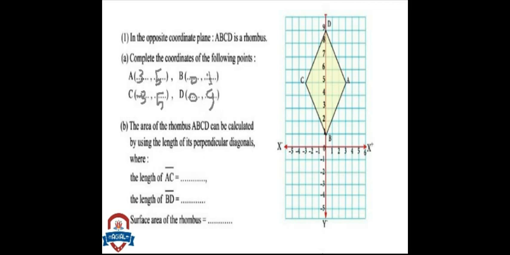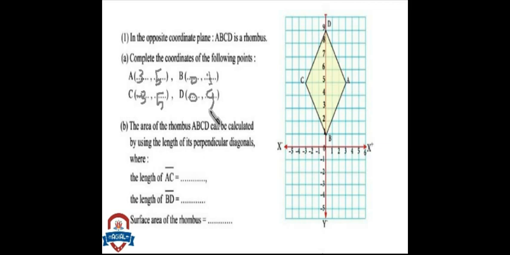Now, the area of the rhombus ABCD can be calculated by using the lengths of its perpendicular diagonals, where the length of the line segment AC equals the absolute value of C minus A. And note that the line segment AC is parallel to the straight line XX dash.